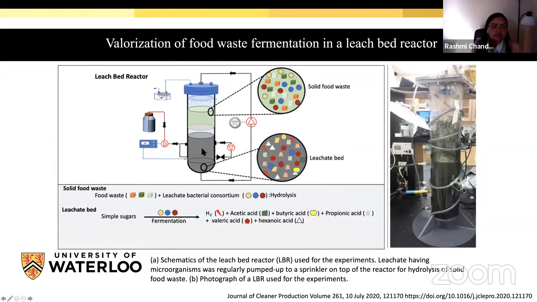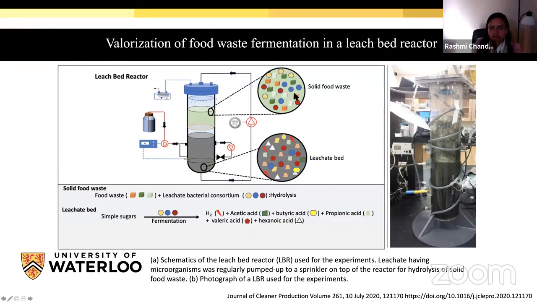This is the leachate bed reactor, because at the bottom it's leachate. At the top there is a bucket and a sprinkler over here. We put the solid food waste here, without any mixing or grinding, just as-is food waste, chopped into small pieces, and just fill up the basket. The leachate circulates from the top. It sprinkles over here, the leachate degrades the waste, and again it comes to the bottom.